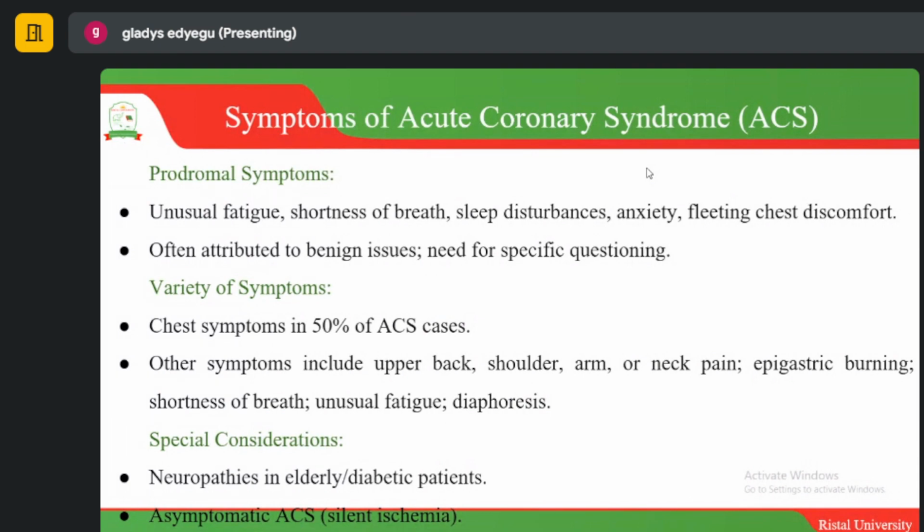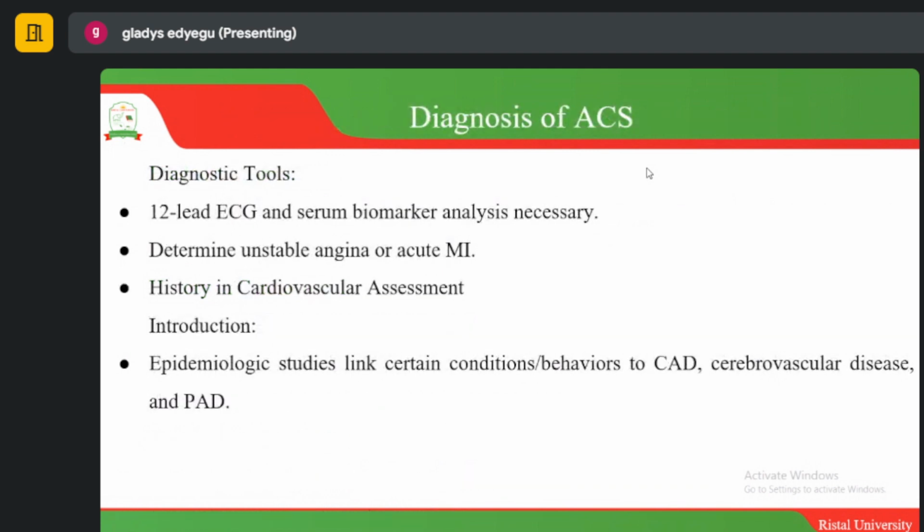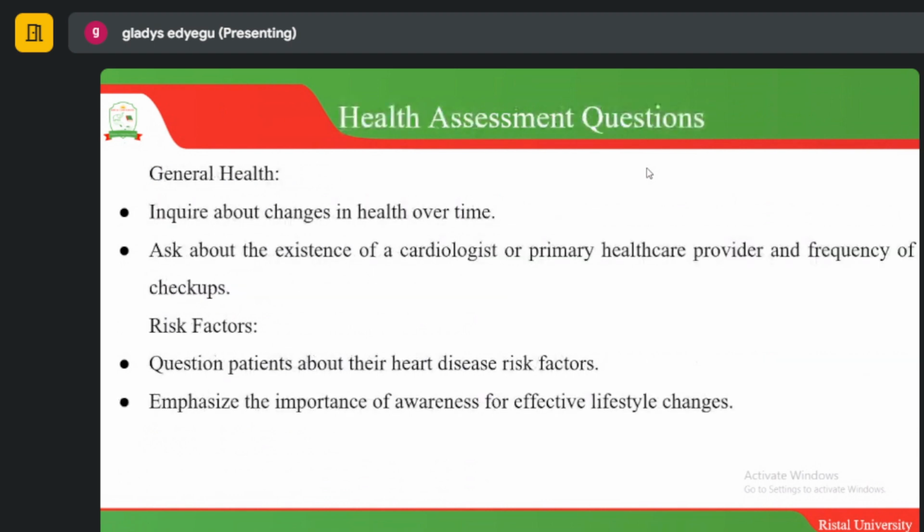And when we look at this, we have to articulate and relate things so that we can connect the different conditions and the different ways in which our patients present and how they are feeling. So the health assessment questions, what kind of questions are you going to ask your patient?